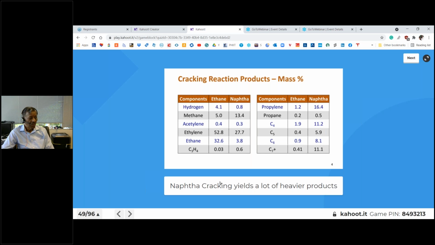And naphtha cracking also is generating a lot of heavies. You can see over here. So it's a very different product slate, and naphtha cracking plants are a lot more complicated because we are having a lot more product. So the investment is higher substantially.